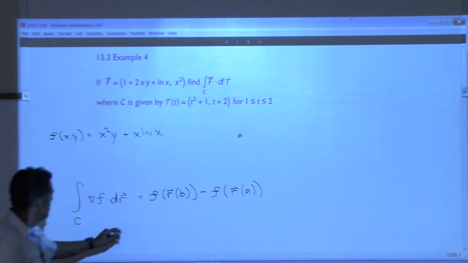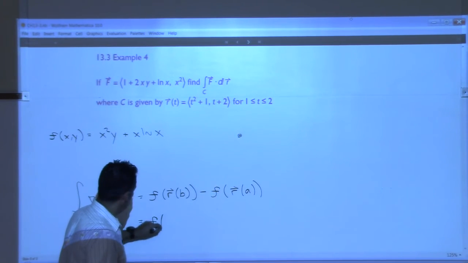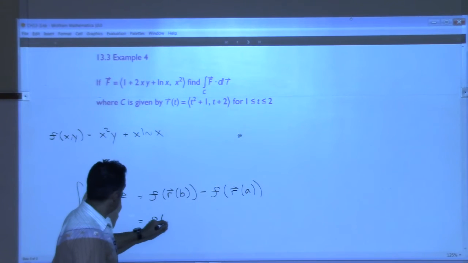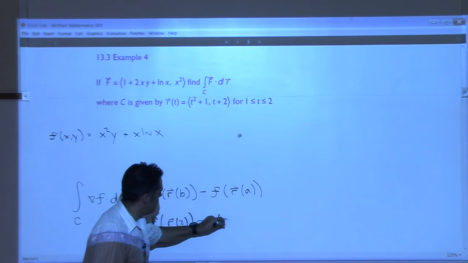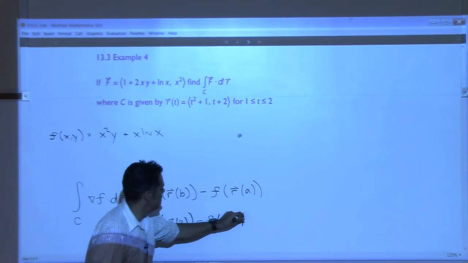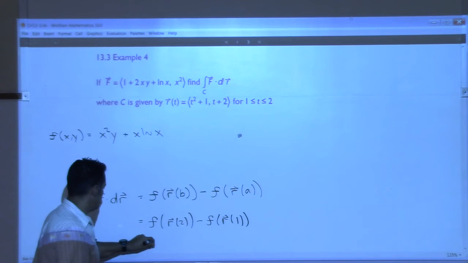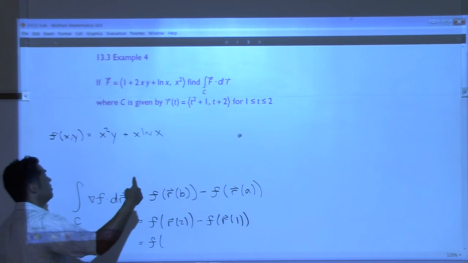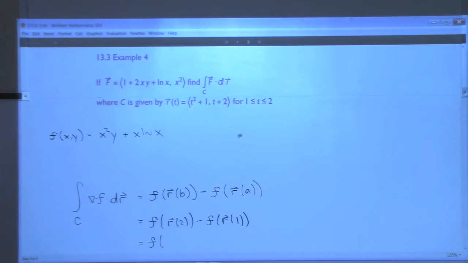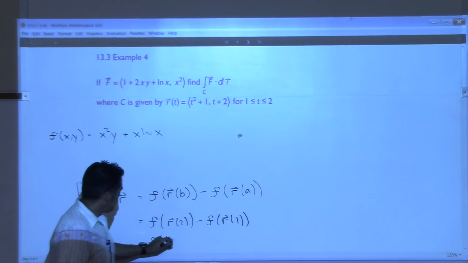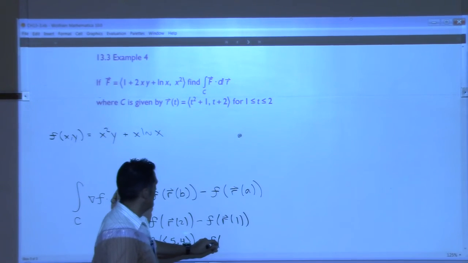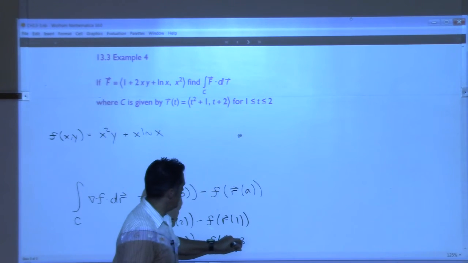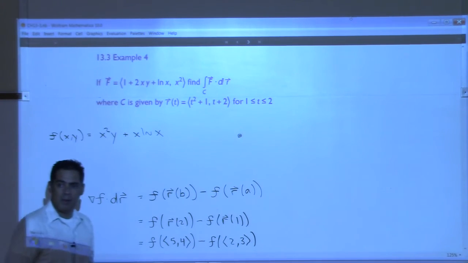So we want f at r of 2 minus f at r of 1. What's r of 2? What happens when we plug 2 into that? We get the vector 5, 4. And then minus, we plug in 1, we get the vector 2, 3. Everyone understand what I'm doing?